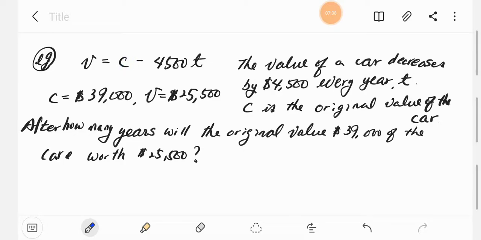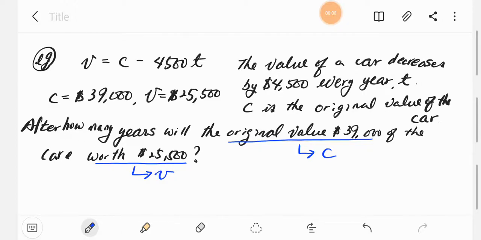After how many years will the original value of the car, which is a $39,000 car, be worth $25,500? So the original value of the car, $39,000, will be the value of C, and the worth $25,500 means the value of V.